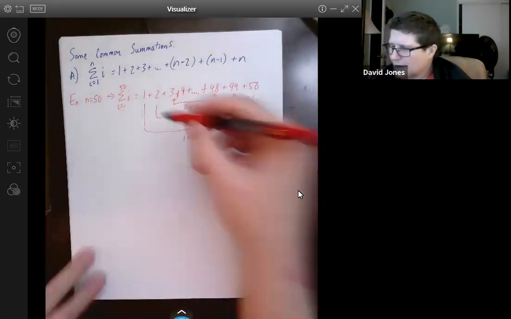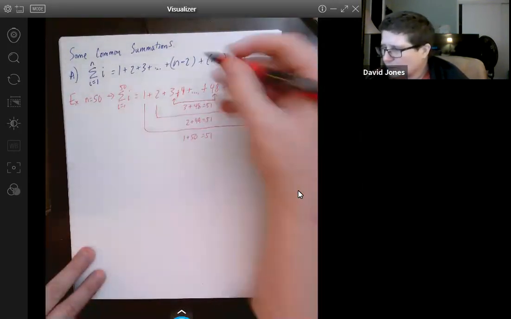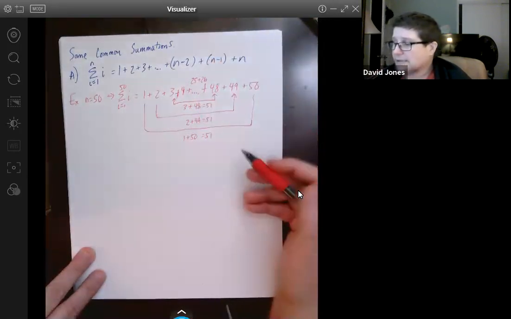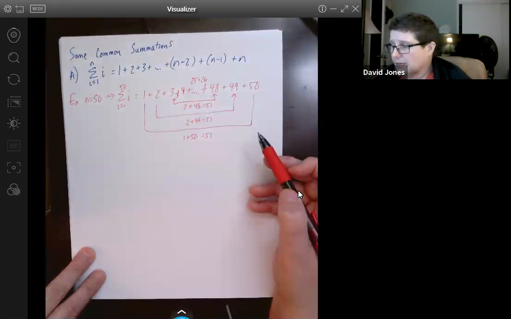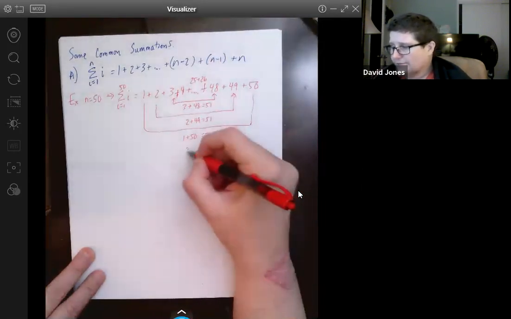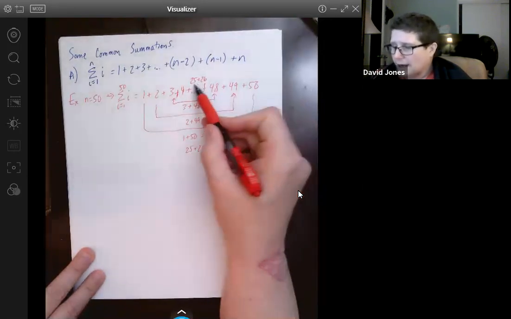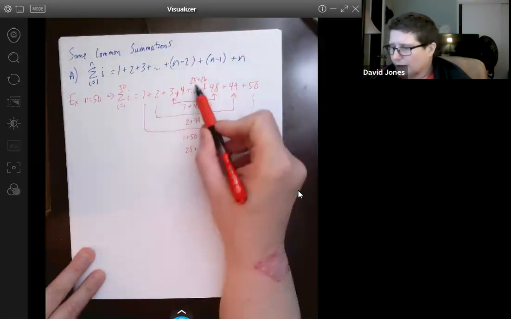And how many pairs of these would I do? The inner pair would be 25 plus 26. 25 plus 26 is 51. That's the inner pair. And we're going 1, 2, 3, 4 up to 25.